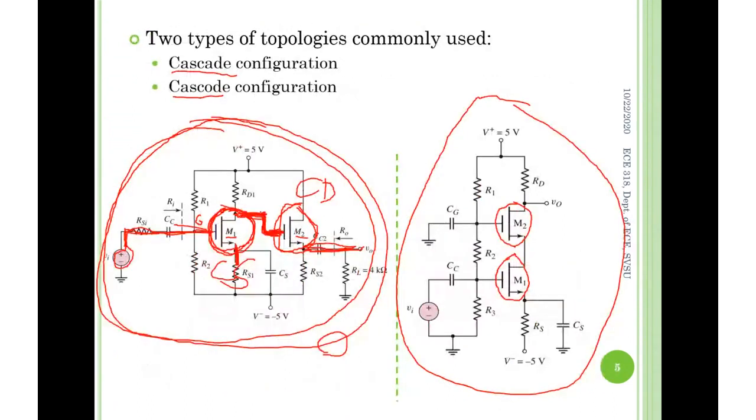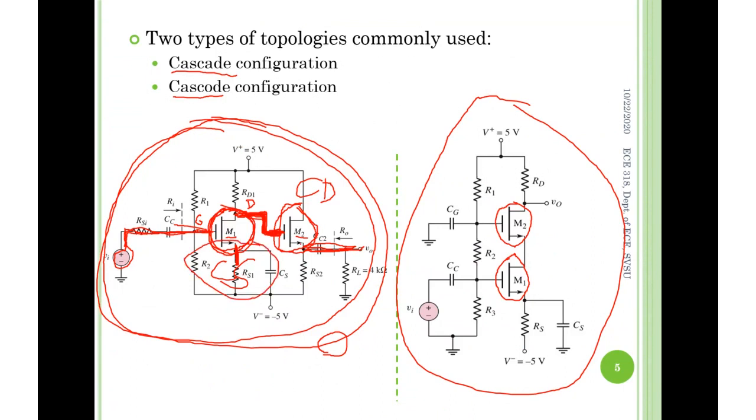Same thing here. Therefore, this connection is definitely the output of M1, which is the drain. Input gate, output drain for M1. Once again, we're looking at M1 and M1 only. And then the left terminal for M1 is the source. So this is a common source.